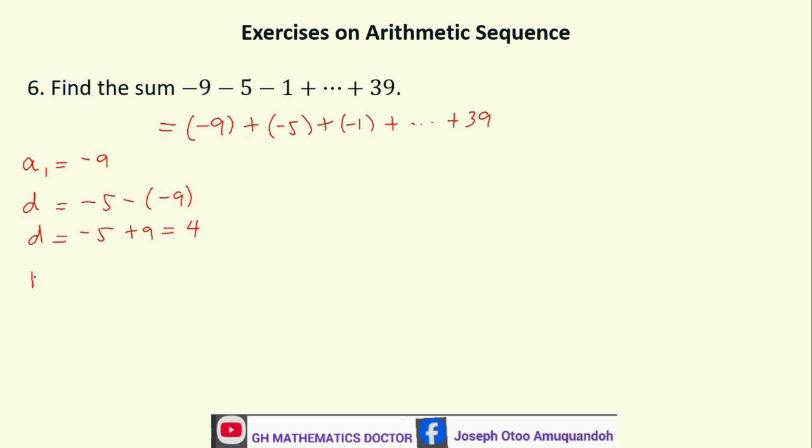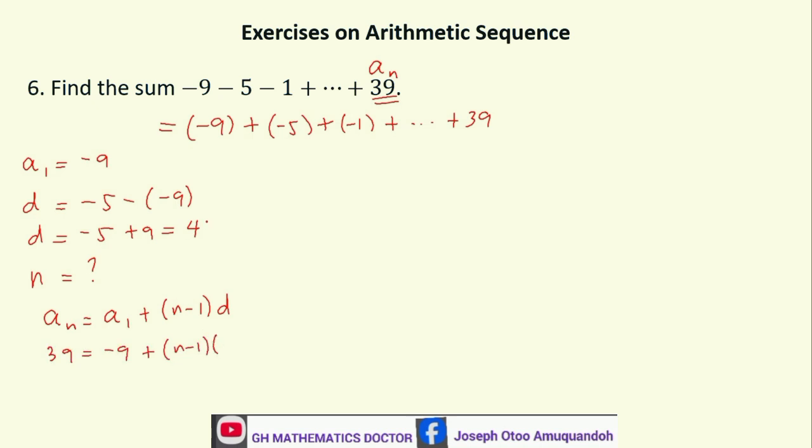We also have to find the number of terms, which is not given, but the last term is 39, so it will help us to find the number of terms by using the first formula to get the value for n. So that's the first formula. Then the formula should be equal to 39 because that's the last term given in the question.